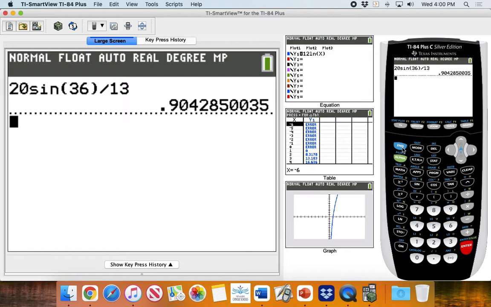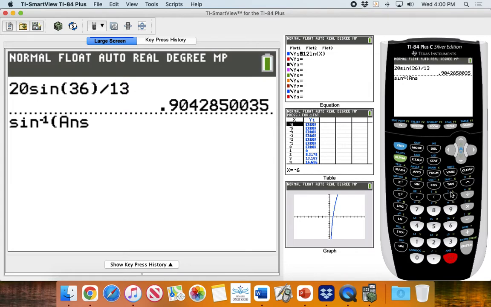If you want to be super awesome and have the most accurate answer, I'm going to show you a little trick that you can do. So watch carefully. I'm going to do second sine, and then this answer is really, really accurate. It has many more decimal places than I originally had. What you can do is drag that answer. Right above the negative sign, do you see how it says ANS? So right above the negative sign, you're going to press second negative sign.